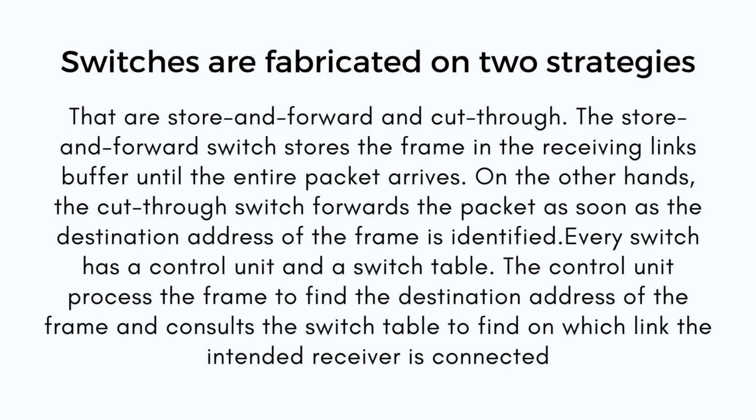Every switch has a control unit and a switch table. The control unit processes the frame to find the destination address of the frame and consults the switch table to find on which link the intended receiver is connected.